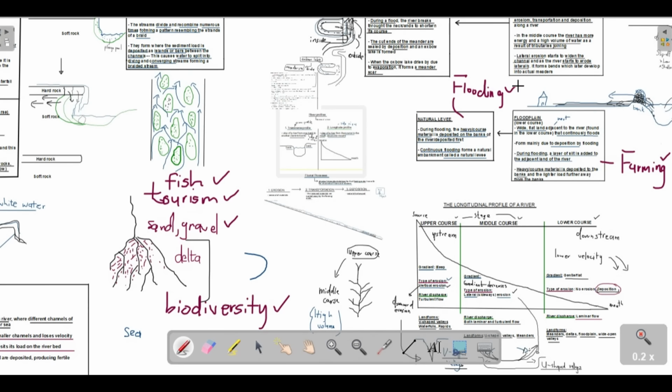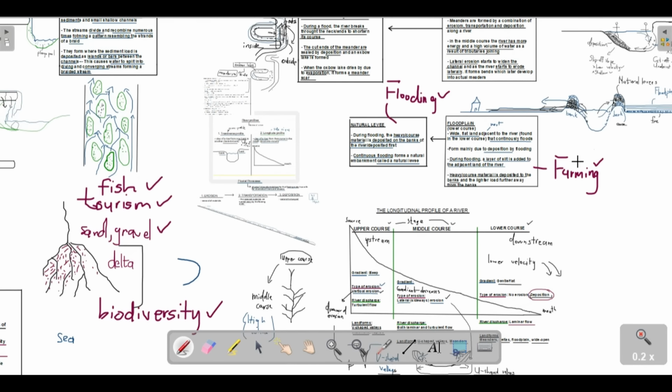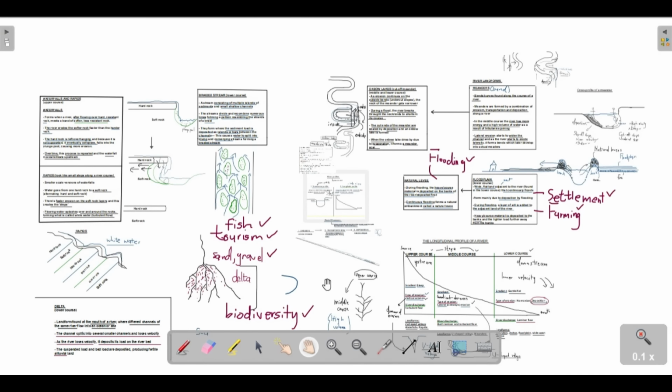So there are many impacts that these landforms have, if they ever ask you that. Okay, so flatland, you can also talk about settlement: people can settle there because it is flat. This is all of the landforms that you have to know, all the processes, and of course the impacts that I've just stated.